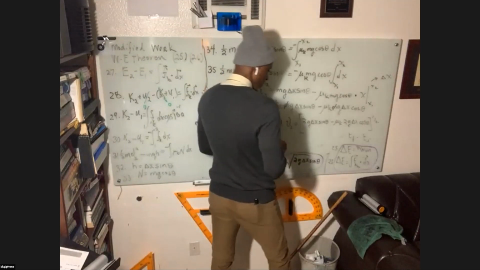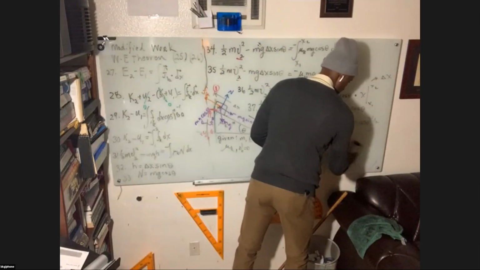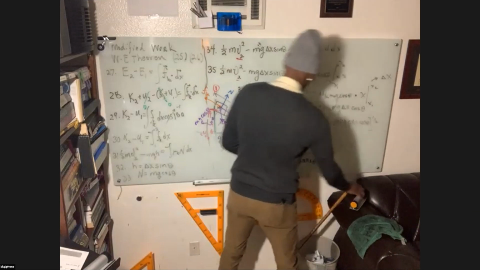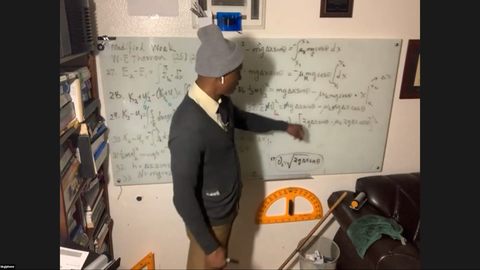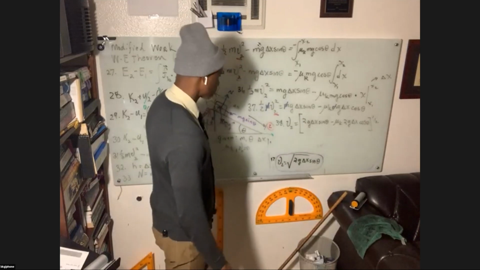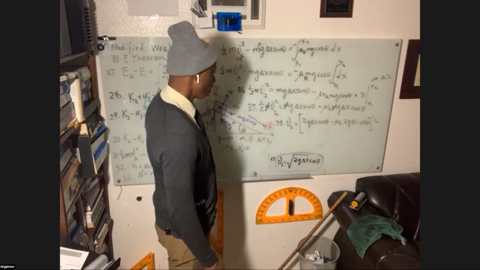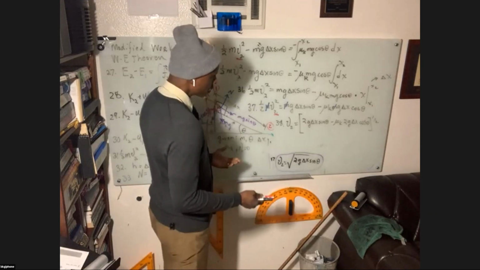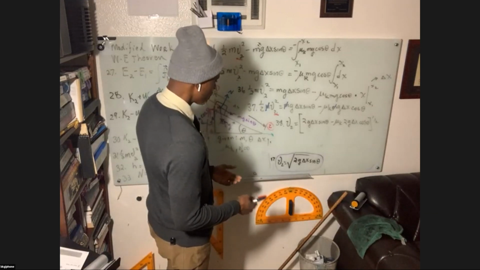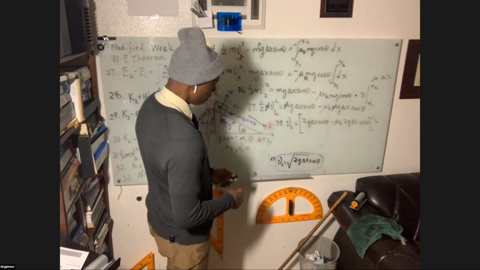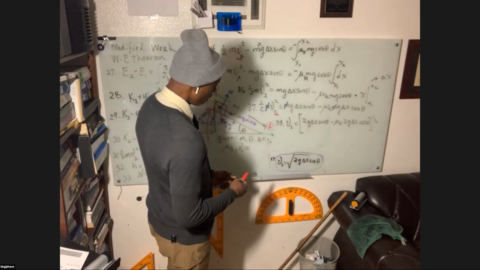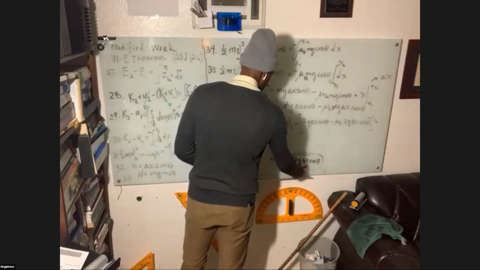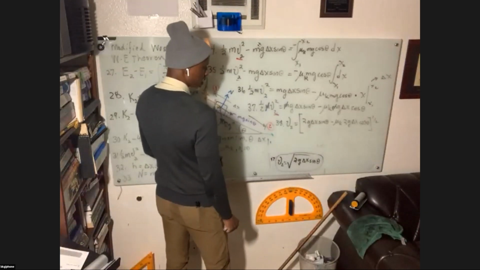I could actually simplify it a little bit further. I can factor out a 2g delta x. Well, actually, I could compare it right there, because look at this: the velocity, the first time without friction, was 2g delta x sine theta.